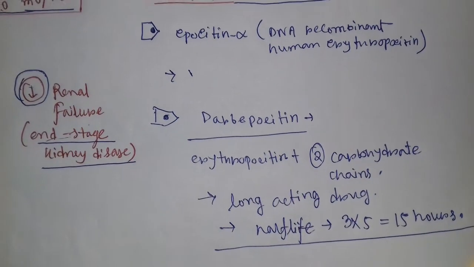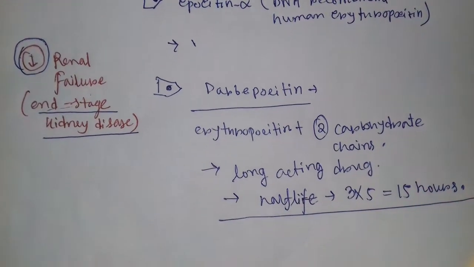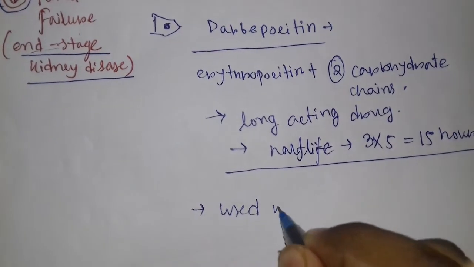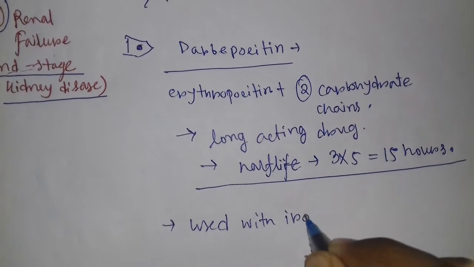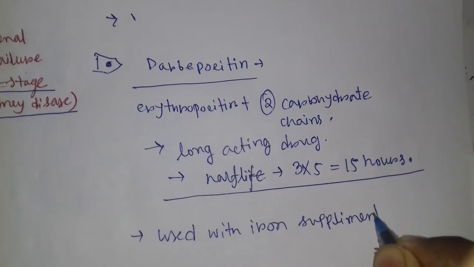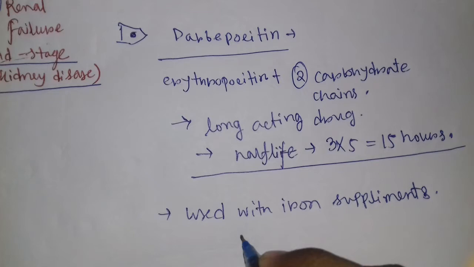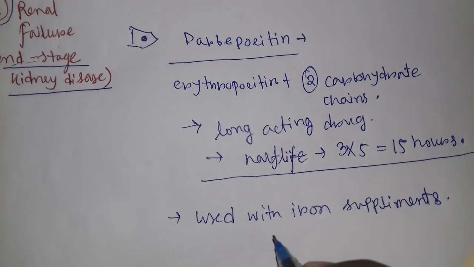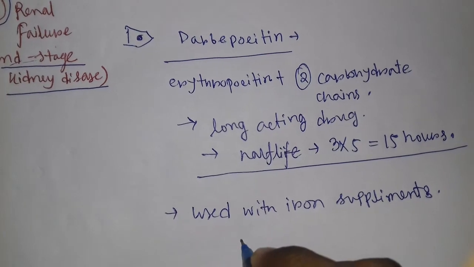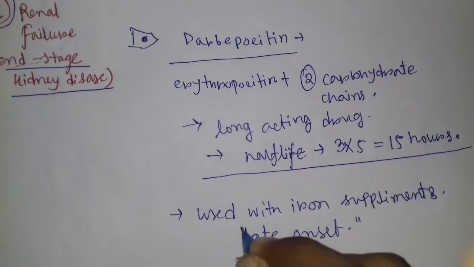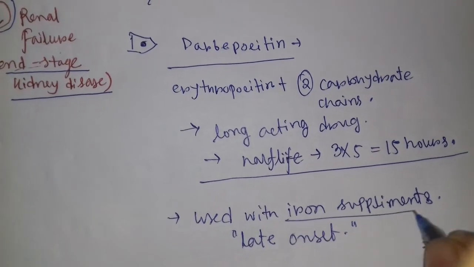Both of these drugs are basically used with iron supplement in case of anemia for more effectiveness, as these drugs have a late onset of action. That's why this iron supplement is given.